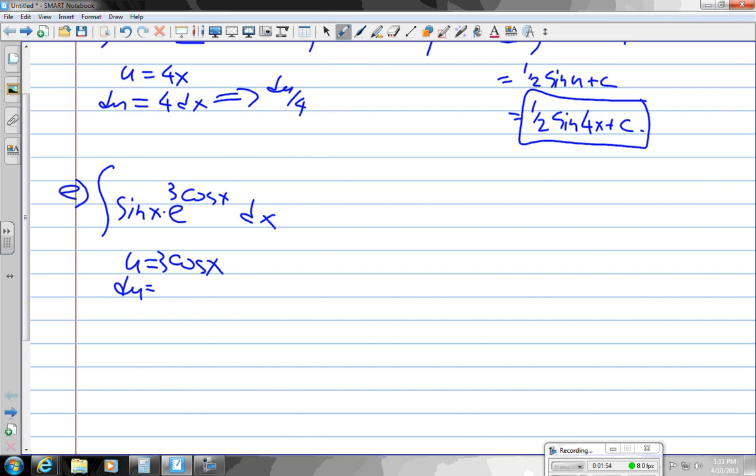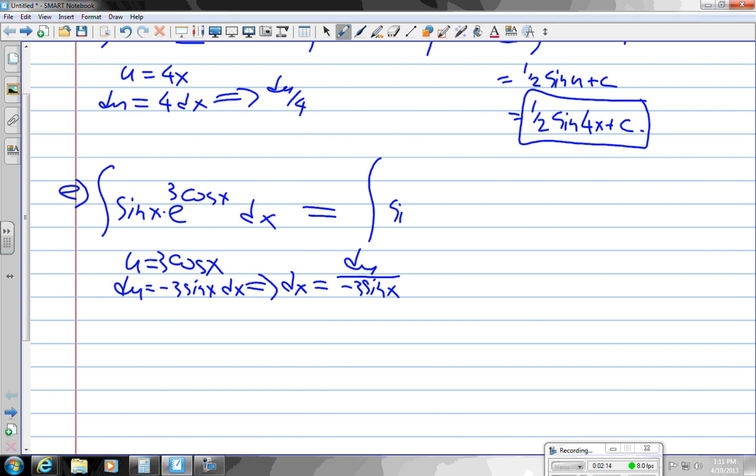So du is negative 3 sine x dx. Solving for dx gives you du over negative 3 sine x. When you make the substitution, sine x will cancel.